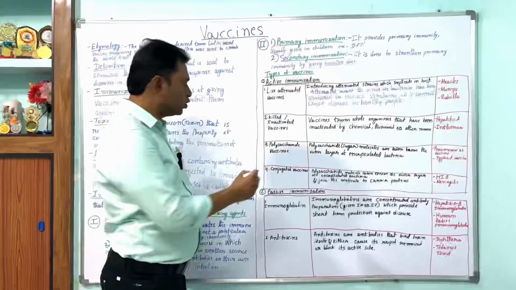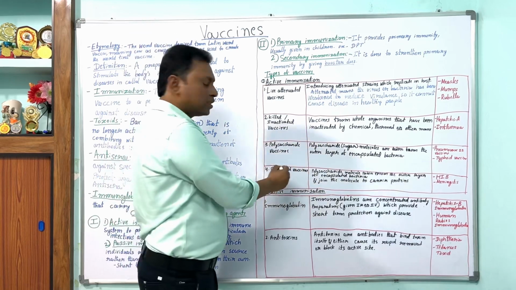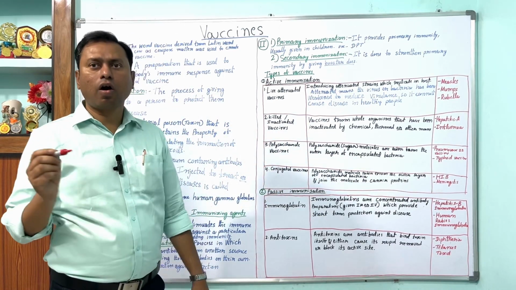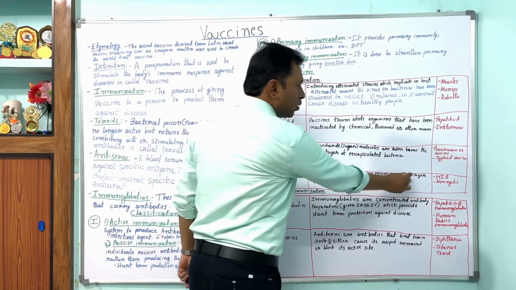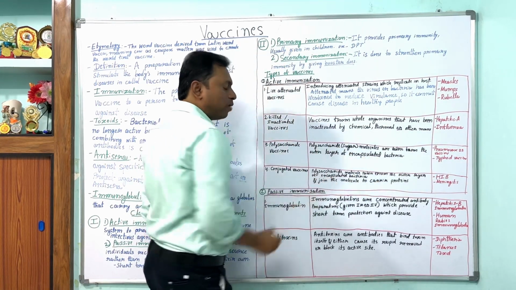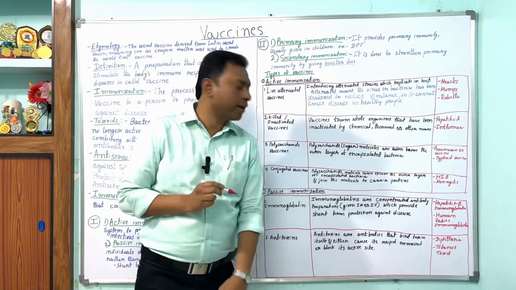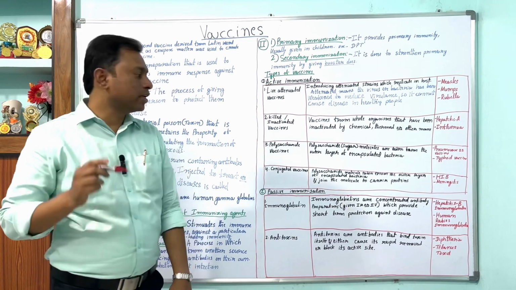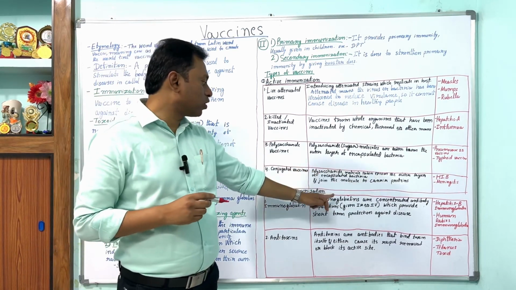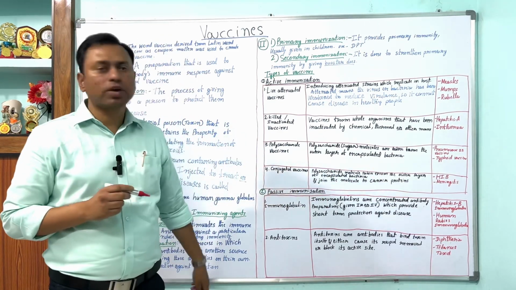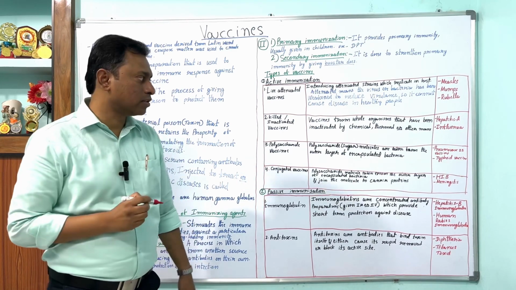The next one is the conjugated vaccine. Conjugated means combining or joining. Here the polysaccharide molecule taken from the outer layer of encapsulated bacteria is joined to a carrier protein molecule, and together they produce the vaccine.